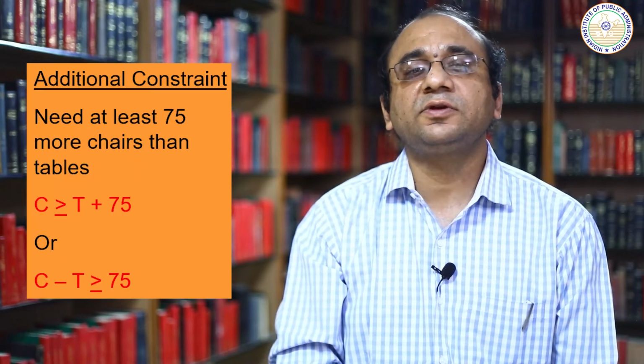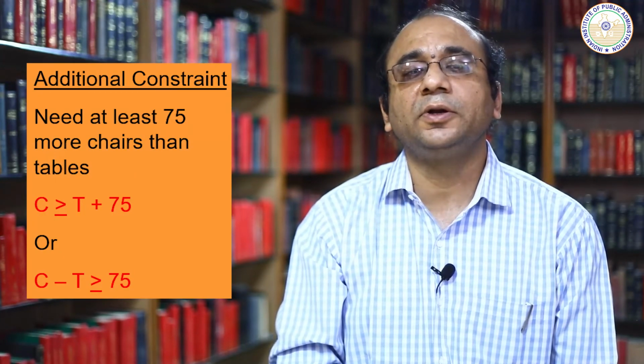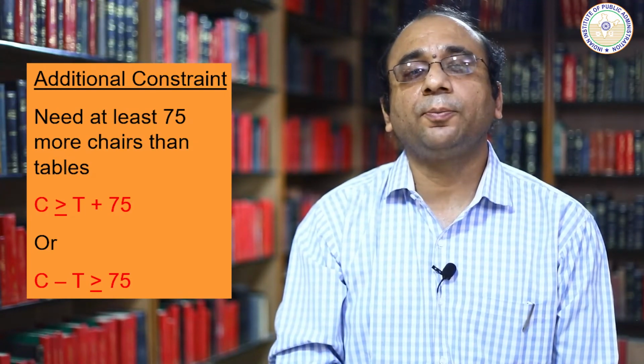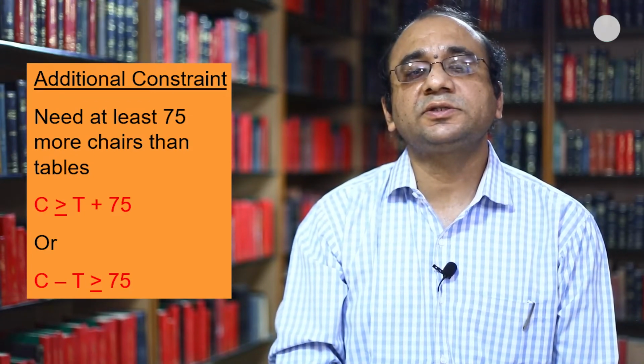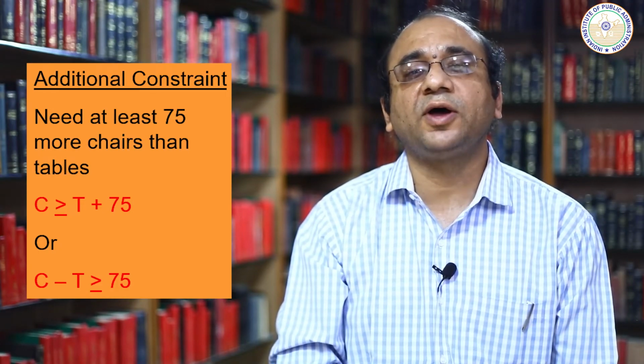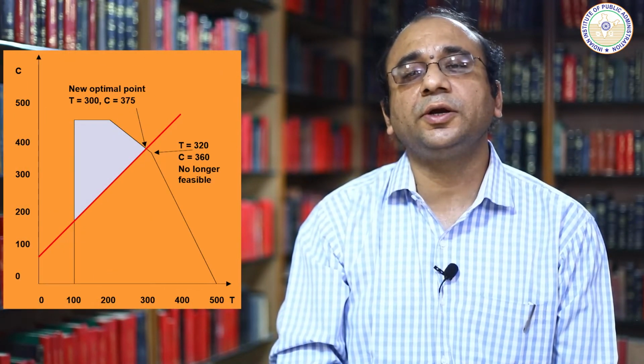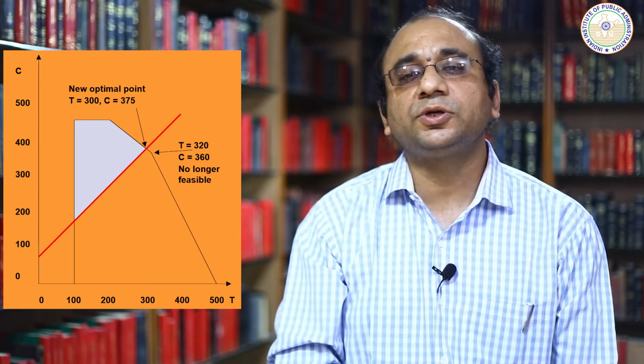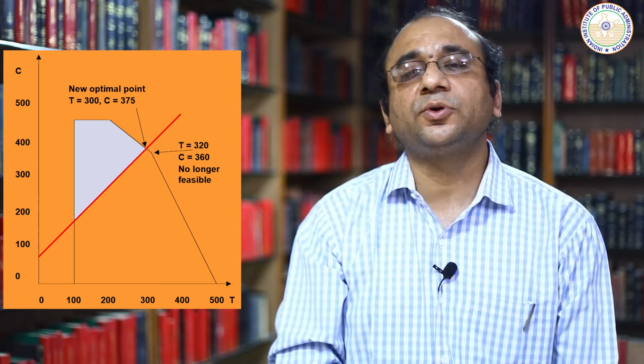Friends, as I said, this graphical method is a very helpful tool. We can check other additional constraints if they come up. For example, you need at least 75 more chairs than tables. How are you going to take it? If I put this constraint that C is more than or equal to T plus 75, or in other words C minus T is more than or equal to 75, again I plot this constraint on the graph and onto my feasible region, because it's an additional constraint.